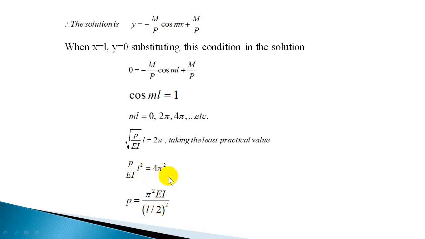I will write it as L by 2 square. So P is equal to pi square EI by L by 2 square. So I just rearranged in this form. This is the buckling load for a column with both ends fixed. Euler's buckling load for a long column with both ends fixed.